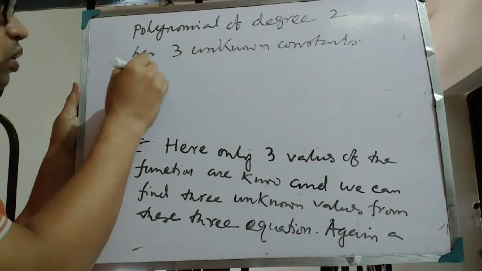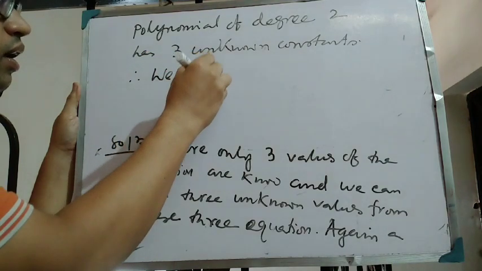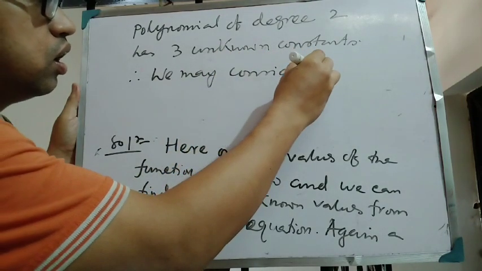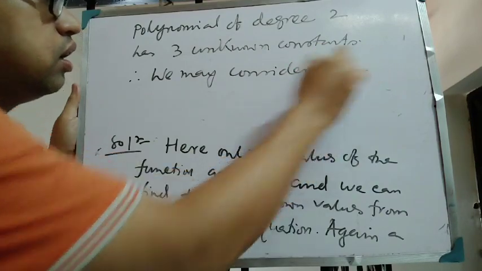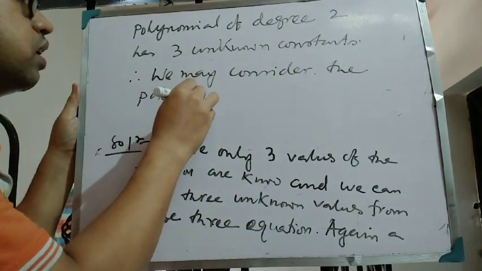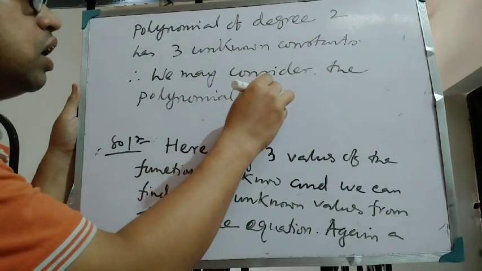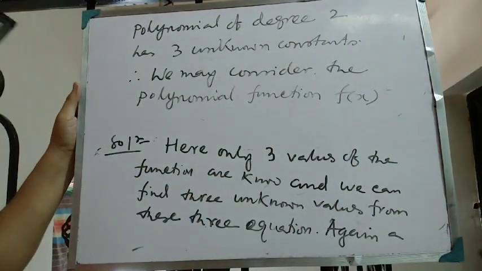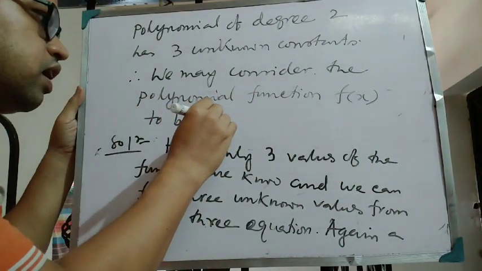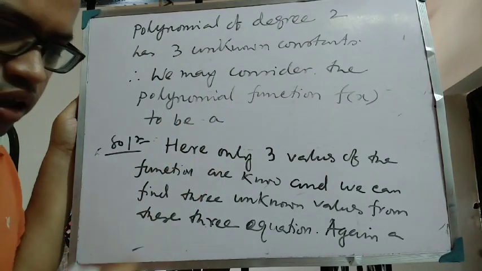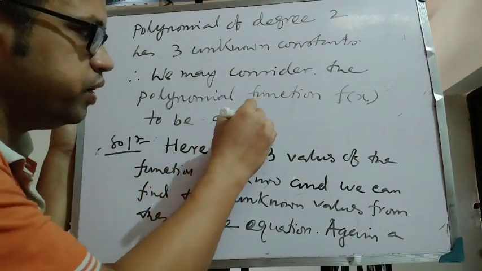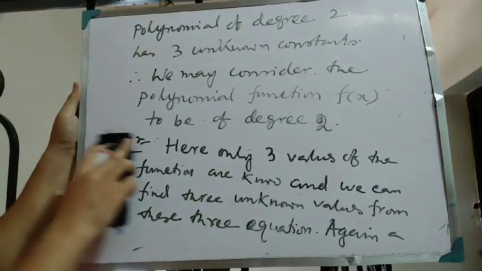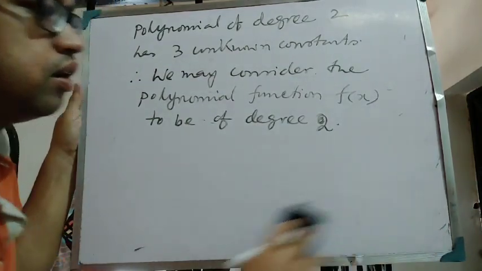Therefore, we may consider the polynomial function f(x) to be of degree 2, a second degree polynomial.